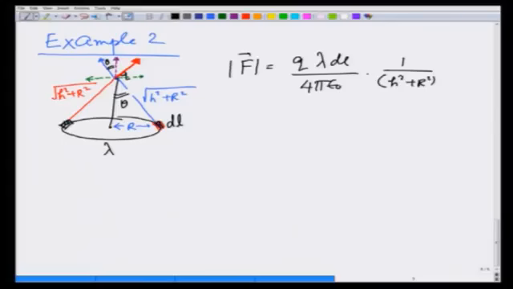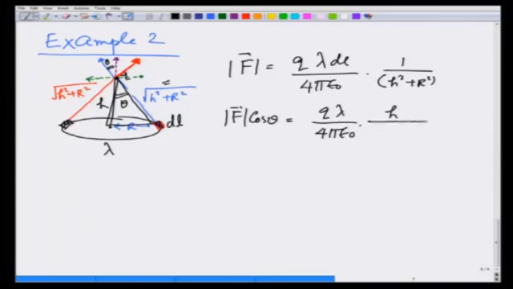And therefore, the vertical component is going to be f cosine of theta, which by this triangle you can see is nothing but h divided by this distance. So, this is going to be q lambda over 4 pi epsilon 0, h divided by square root of h square plus r square, which will give me h square plus r square raised to 3 by 2, and there is a dl.